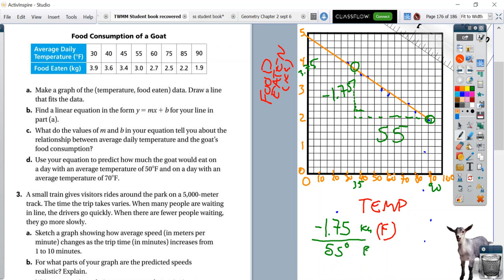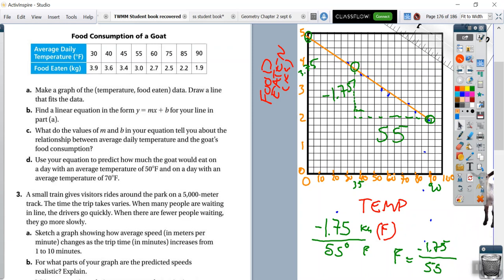My y-intercept is just under 5 kilograms. So I'm going to be looking at food eaten, F for food, is equal to negative 1.75 over 55. And then we're going to multiply that by the goat.